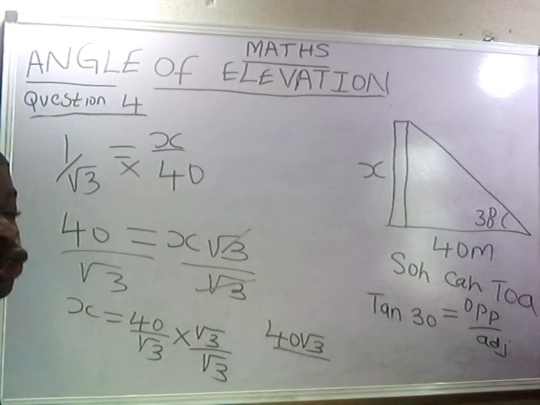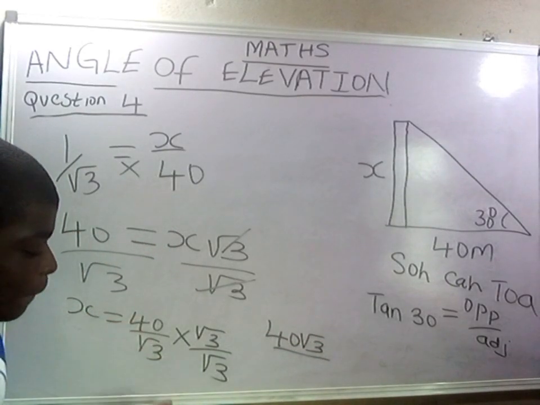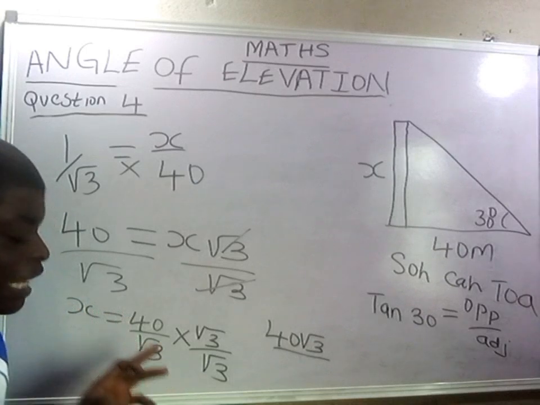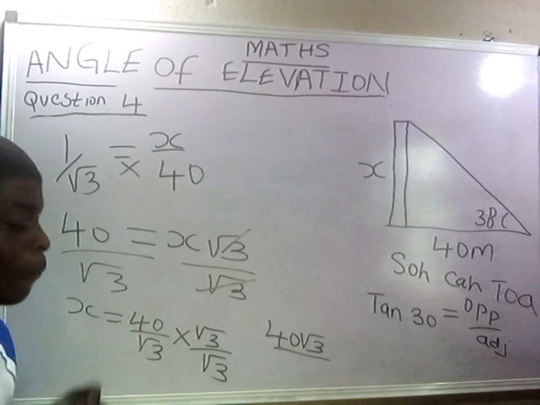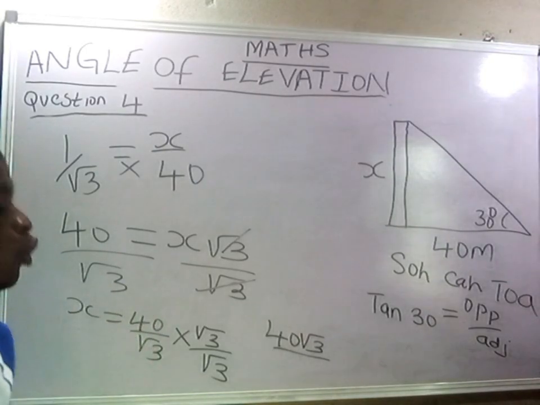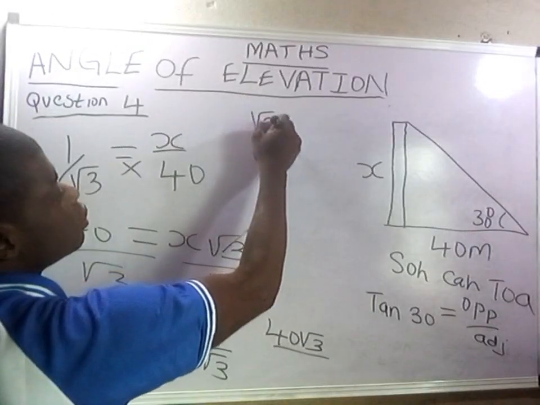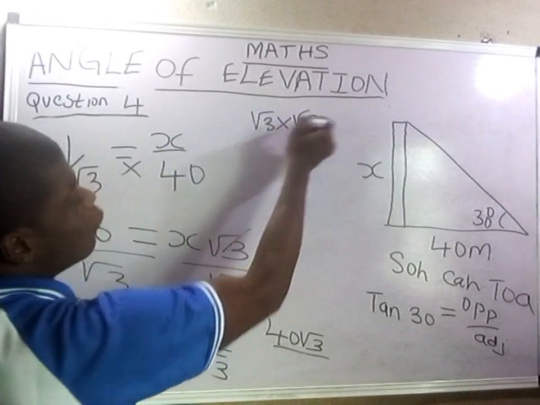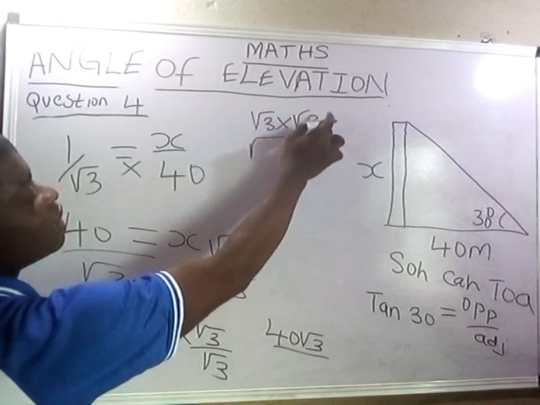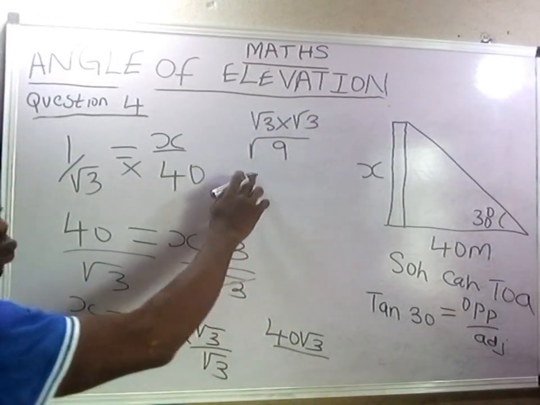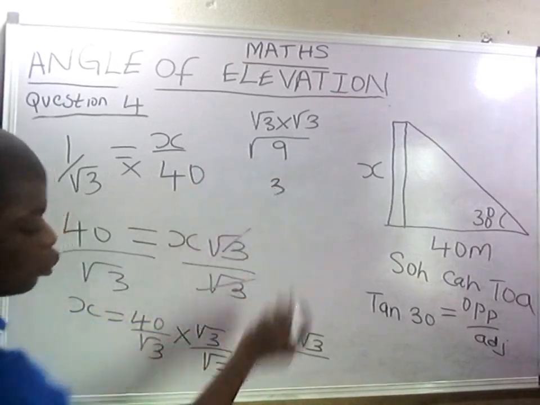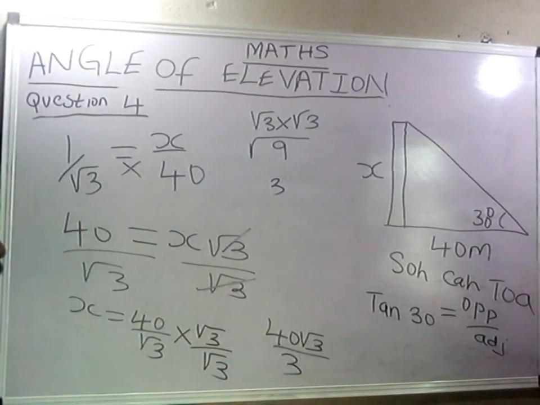Whenever a surd of the same number in a root multiplies itself, it equals the number, because it will be a big root: root 3 times root 3 gives root 9, and the square root of 9 is 3, so it will be over 3.